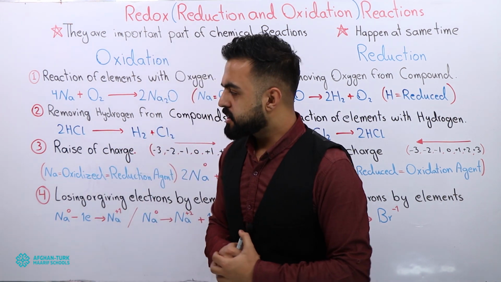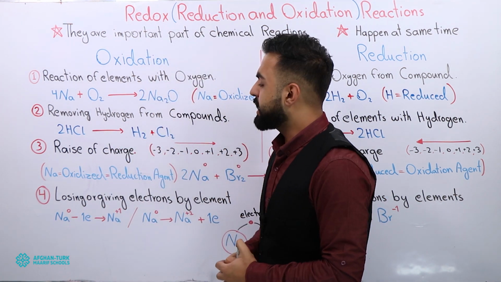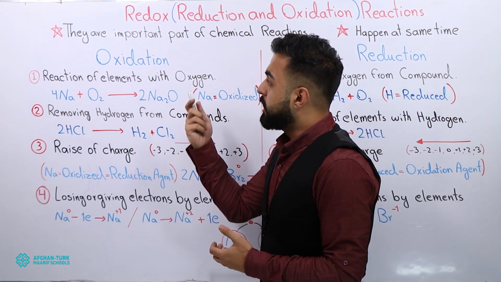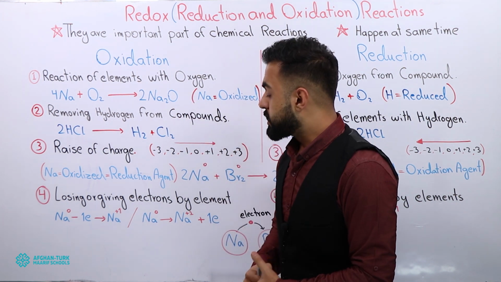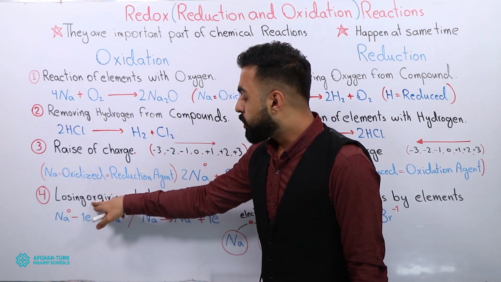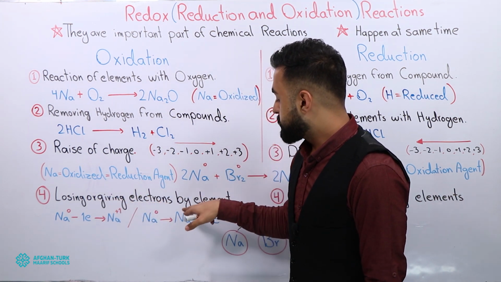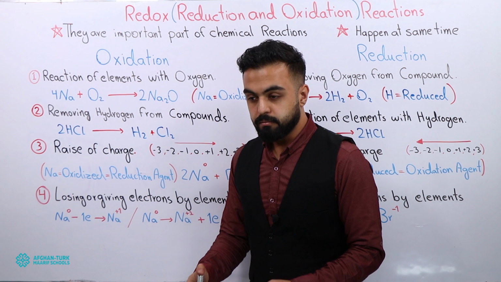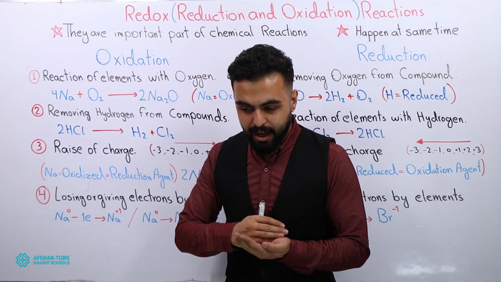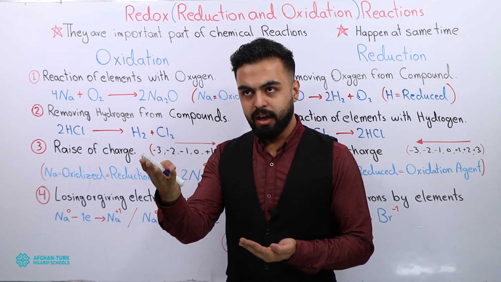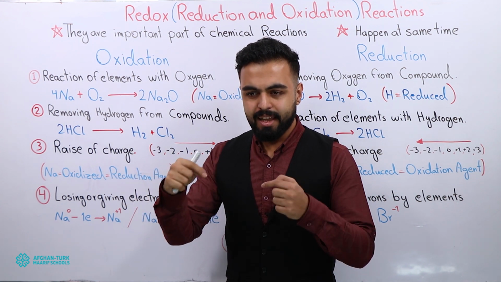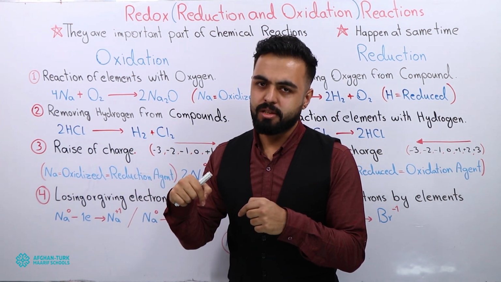So let's go to the last and the perfect definition of oxidation, which is losing or giving electrons by elements. So it says that when an element gives an electron to another element, that element is oxidized.